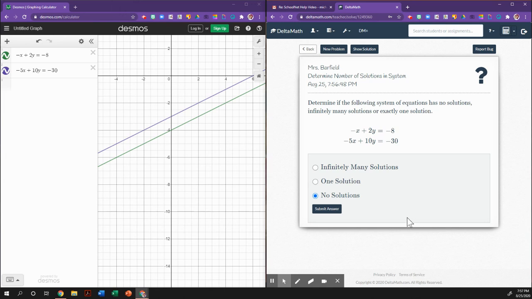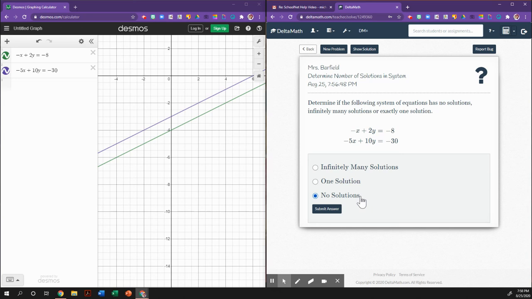Okay. And so just to recap, infinitely many solutions. That's when you have the same line. So when you type this into Desmos, you get one line. That's infinitely many solutions. One solution, that's where the two lines cross. So they'd make some kind of funky X, because they intersect at one spot. If the lines are parallel, the answer is no solutions.